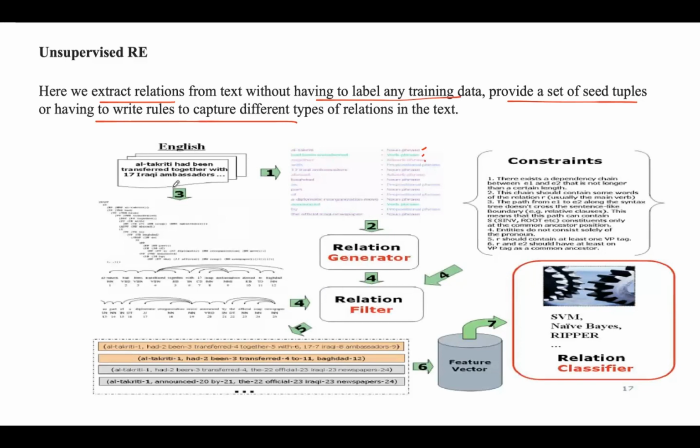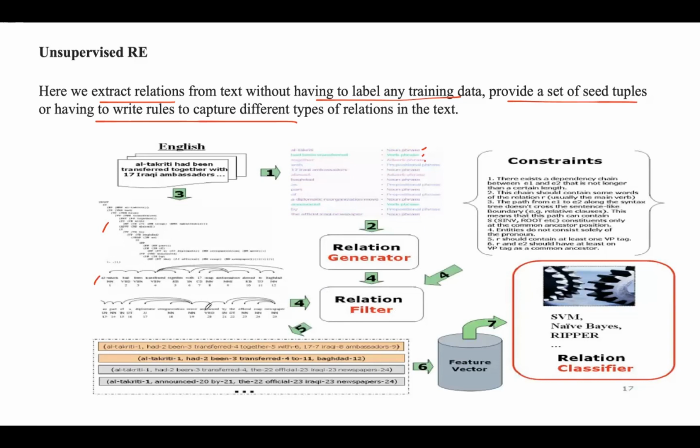Next, from the same text, we need to generate a dependency parse tree. Here you can see constituents as well as the dependency parse tree were generated. Then this should be provided as input to step 4, which is relation filtration.